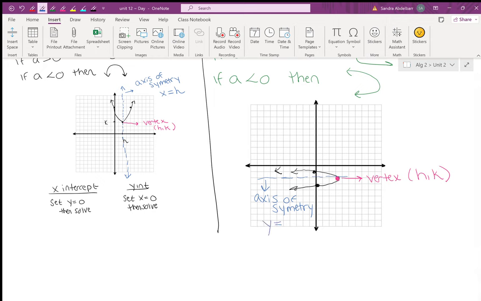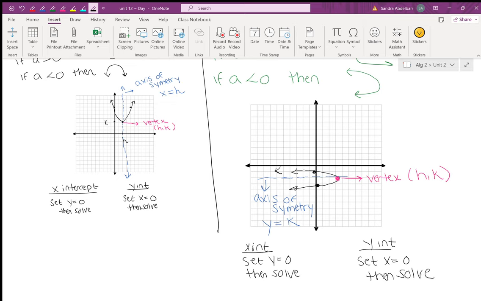Y equals, and it's going to be y equals k. And it's going to be the same idea as before. The x-intercept, set y equal to 0, then solve. Y-intercept, set x equal to 0, then solve. Same thing.